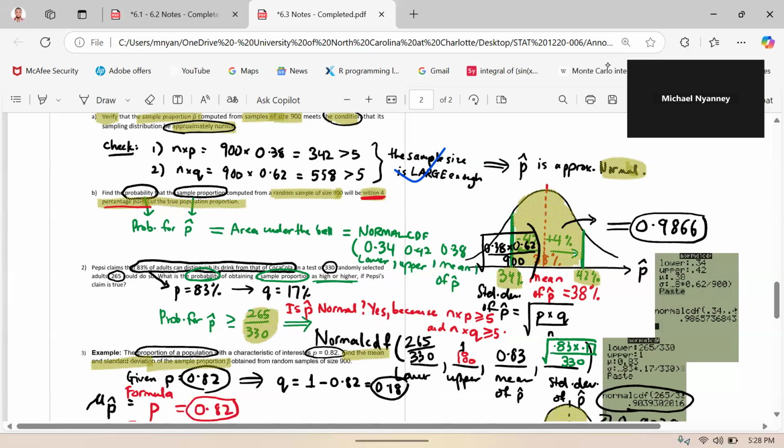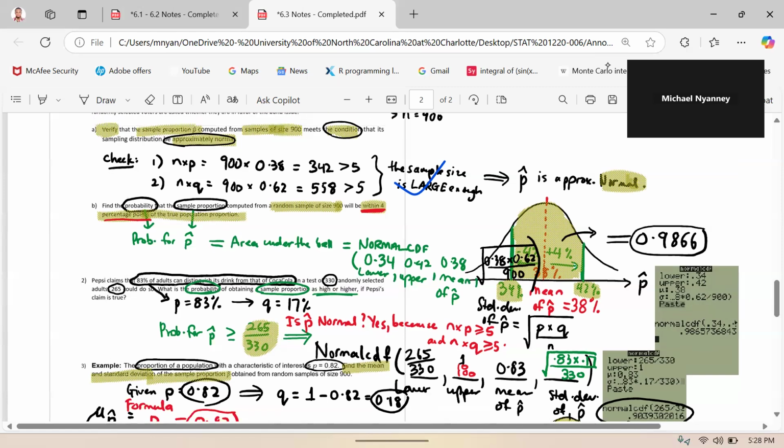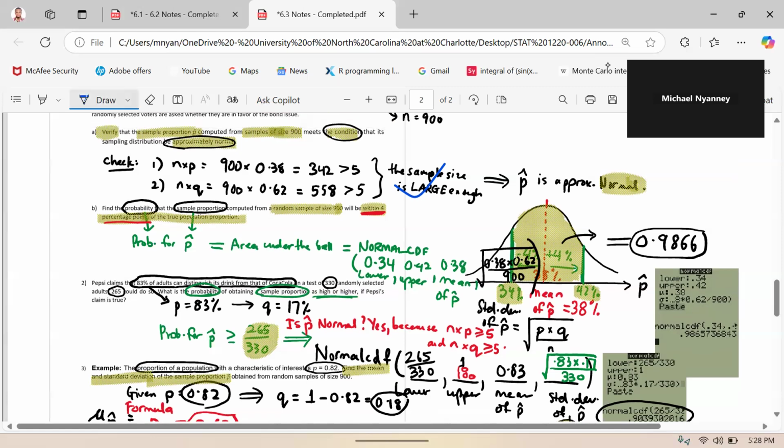So that is within. We want to find the probability that P minus 0.04 is less than or equal to our P hat, which is less than or equal to P plus 0.04.